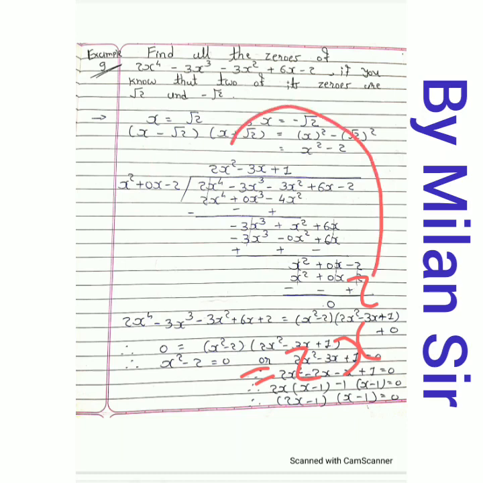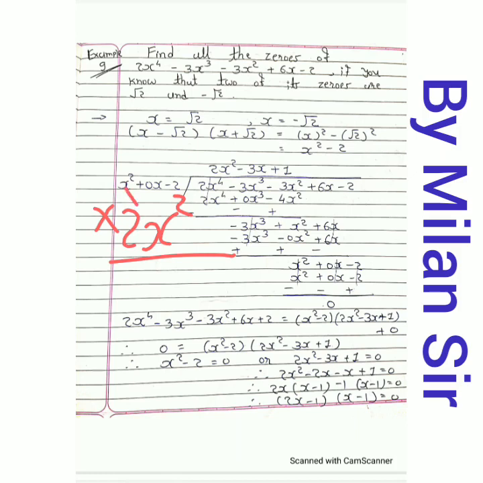So I write in the quotient polynomial 2x square. Then we need to multiply this polynomial by 2x square. So multiply x square with 2x square. It is 2x raised to the addition of exponents, 2x^4.